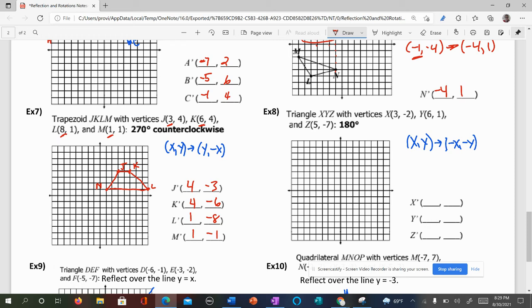All right, let's try this. 4, and down 3. So this is J prime. And then I'm going to go down to -6 and put K prime. And then 1, -8, way down here is L prime. And 1, -1 is M prime.